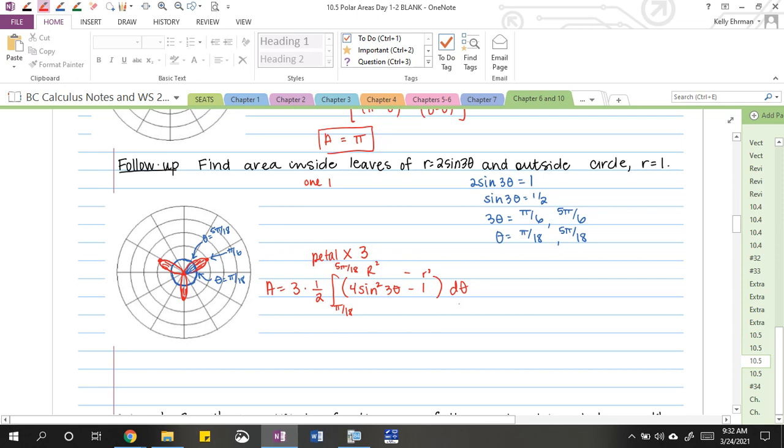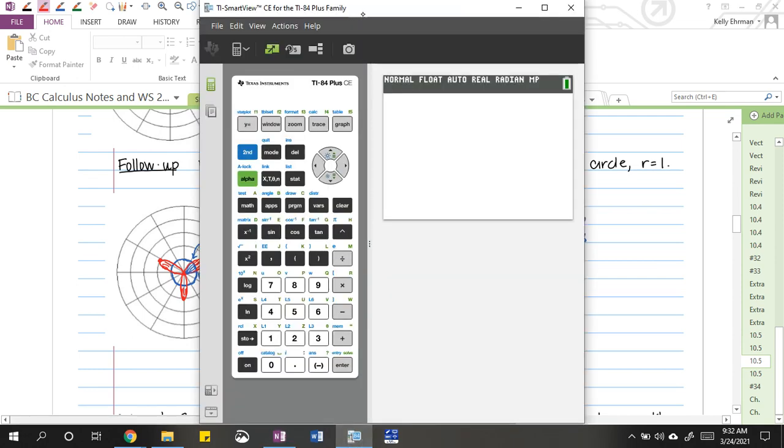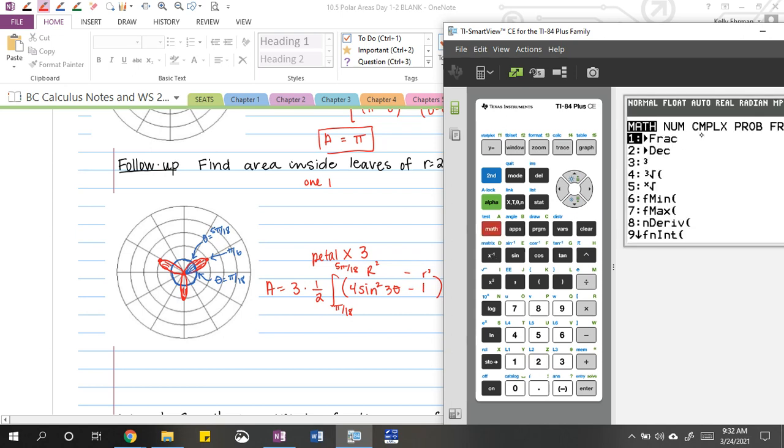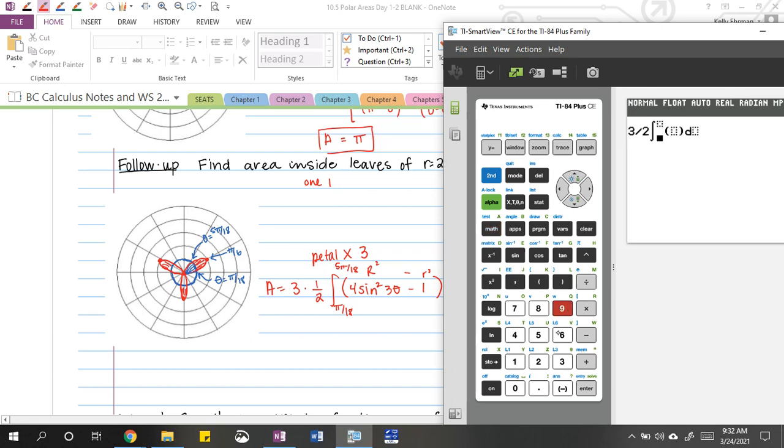Now I would use a calculator on here. So in doing this, you don't have to be in polar mode. I would just say 3/2. I mean, you could be if you wanted to. This one's not too bad to type in. 3/2 times the integral from pi over 18 to 5 pi over 18.